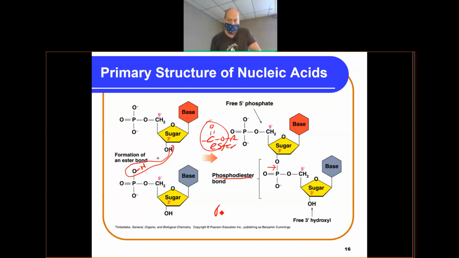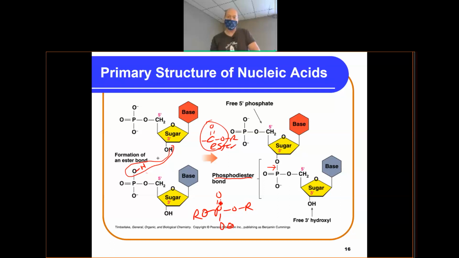A phosphorus ester would be a P double bond O with an OR. A phosphorus diester would mean that you have an OR on the other side as well. Since it is a phosphate, it is PO4.